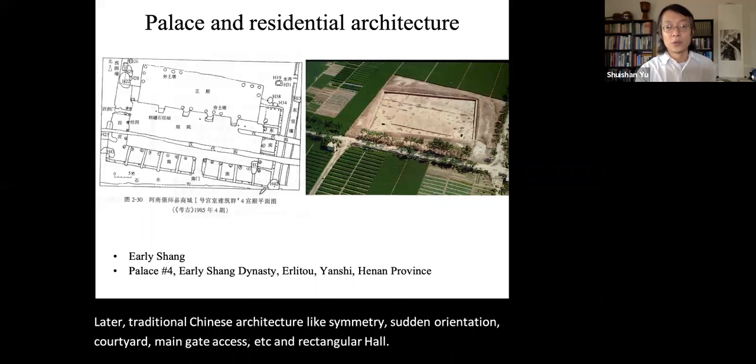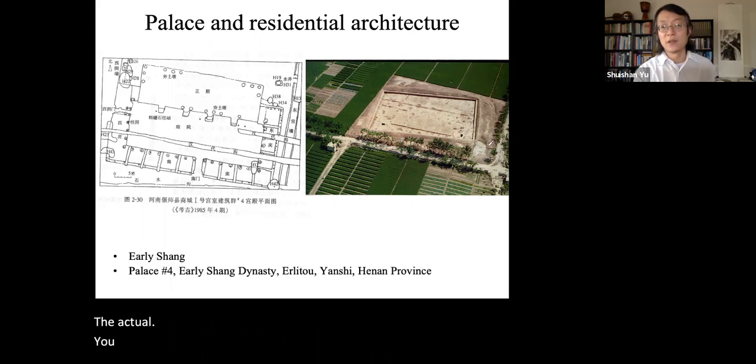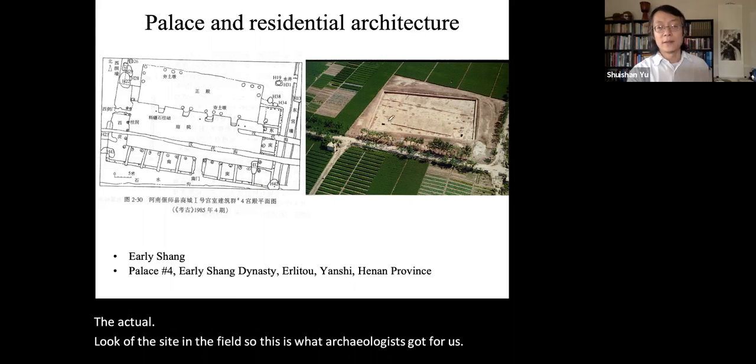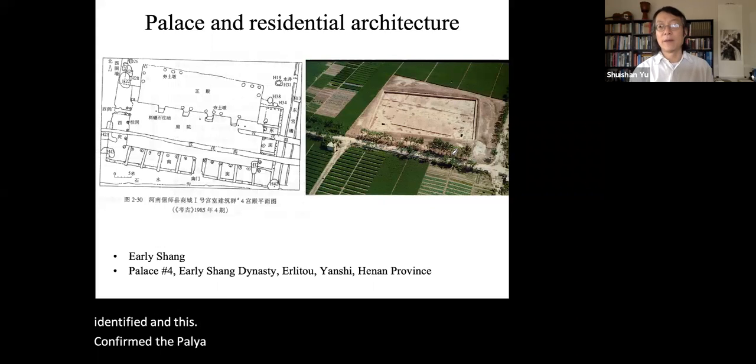What I wanted to show you is the actual look of the site in the field. So this is what archaeologists got for us. Basically, the dirt is cleared and those pits for the columns have been identified. And this confirmed the paleographical record about the base.